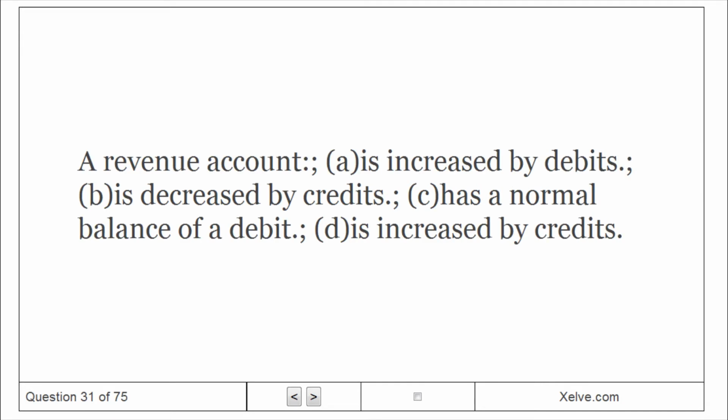A revenue account is increased by debits, is decreased by credits, has a normal balance if a debit, or is increased by credits. Is increased by credits.